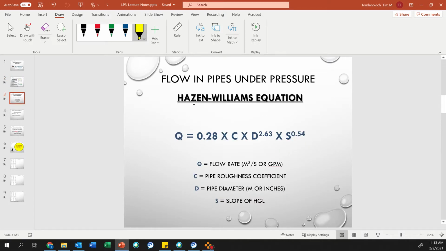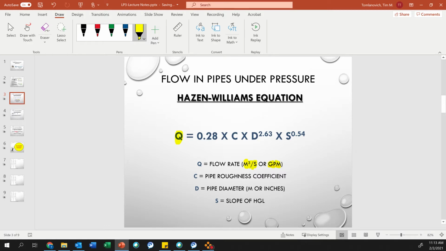Okay, so now understanding the concept of hydraulic grade line, we can talk about flow in pipes under pressure, and the Hazen-Williams equation. Q is flow rate, so be careful, it is in cubic meters per second or in gallons per minute, depending.